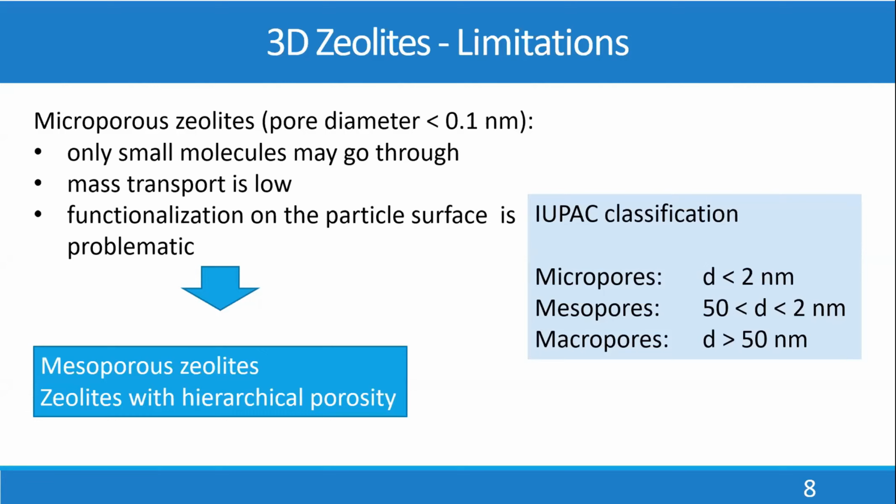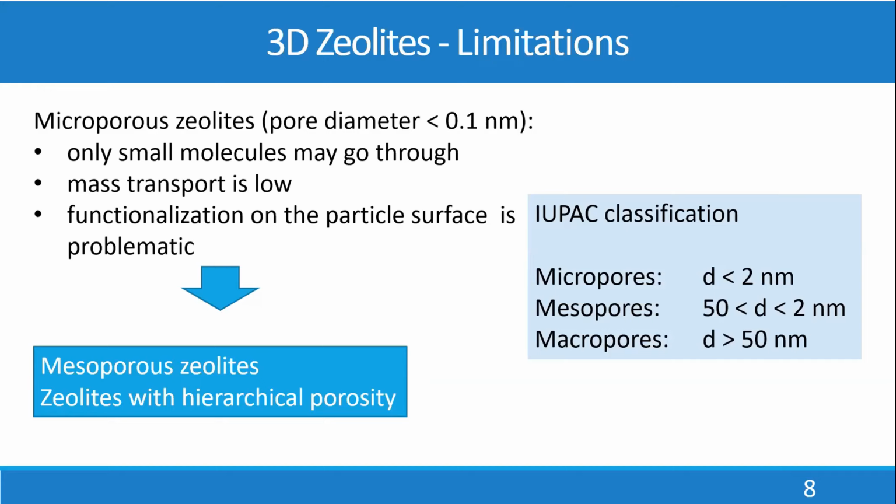So how can we deal with this problem? We can create, for example, the so-called mesoporous zeolites, or zeolites with hierarchical porosity. And there are some classifications that are approved by IUPAC, the International Union of Pure and Applied Chemistry, I think.